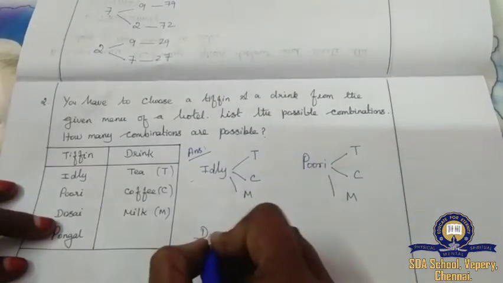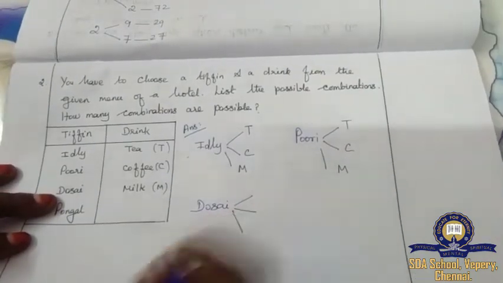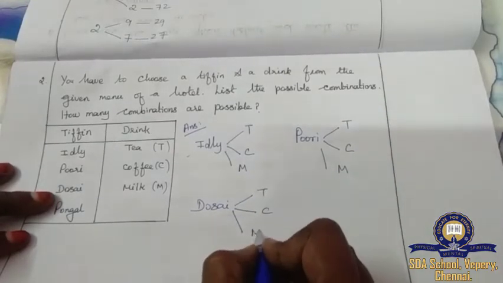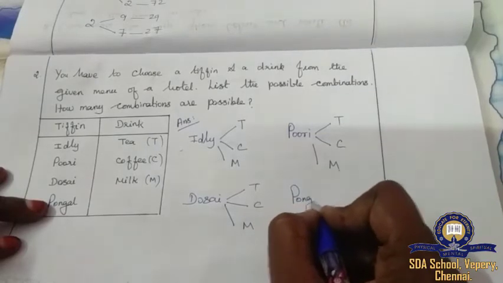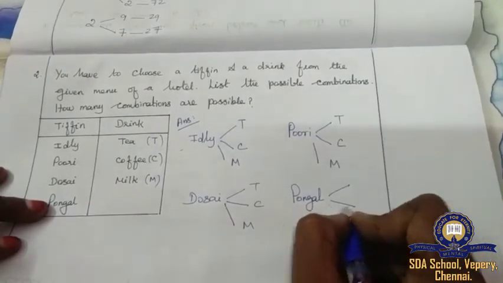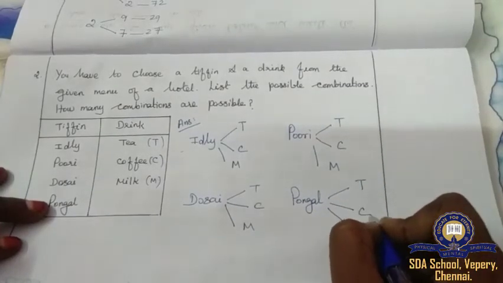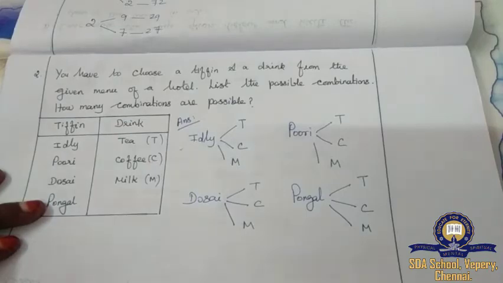Next dosai, again three combinations: tea, coffee and milk. Next pongal, again three combinations: tea, coffee, milk.